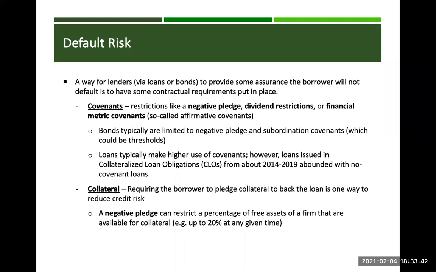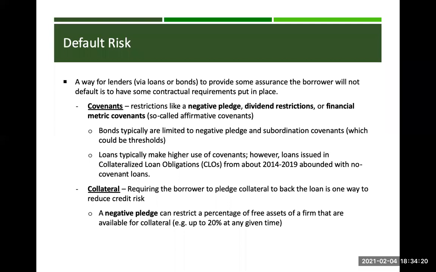Loans can get packaged into their own form of debt securities. They are called collateralized loan obligations. And the CLO market from 2014 to 2019, and this actually became a problem in the spring of last year, had a lot of not just covenant-light, but no-covenant loans. So a lot of CLOs that were being issued had loans with zero covenants, zero mitigating documents or mitigating rules of operations for the lenders.